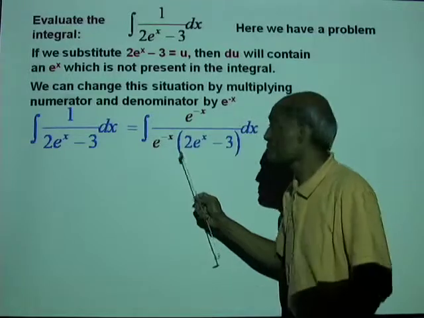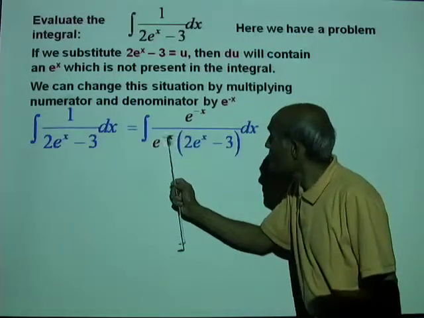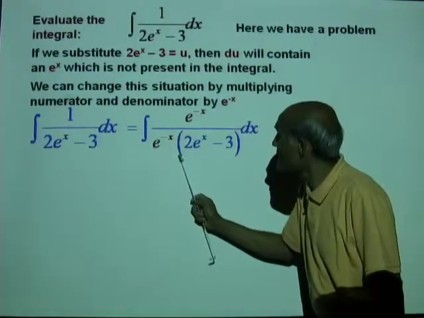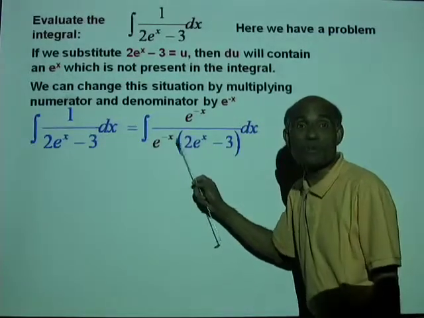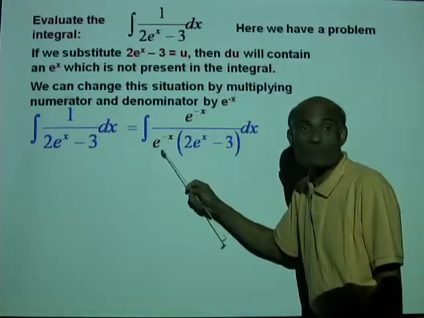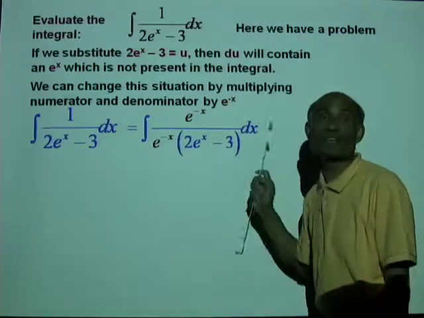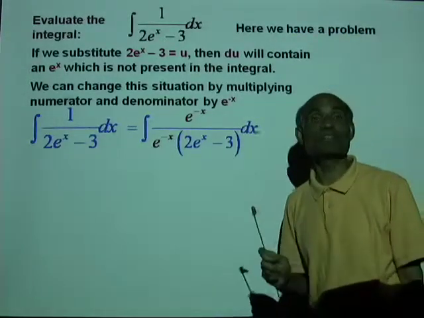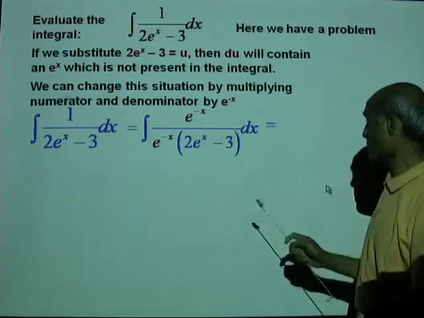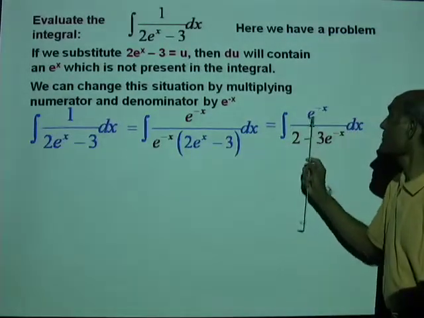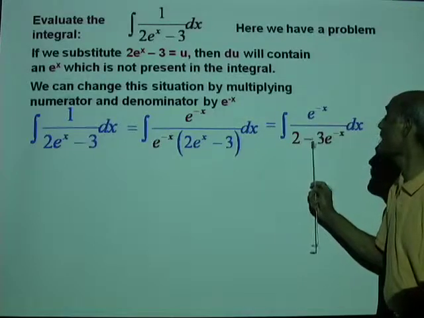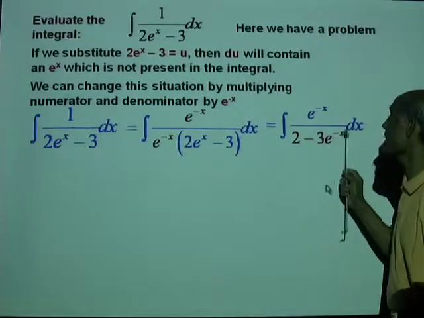Is that right? So the denominator now becomes e to the power of negative x times 2 e to the power of x is 2, and minus 3 times e to the power of negative x is minus 3 e to the power of negative x. So look at the denominator now when you multiply. It will be e to the power of negative x over 2 minus 3 e to the power of negative x.